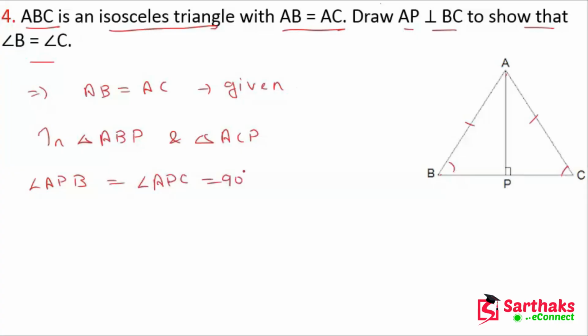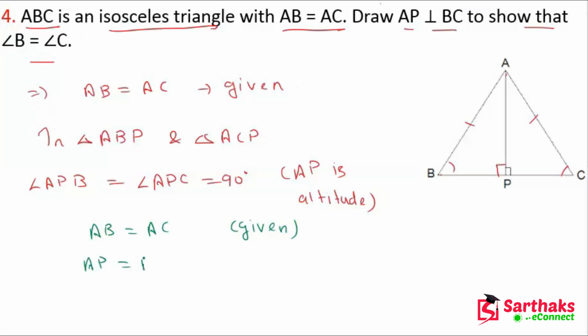They are 90 degrees according to this question, because AP is the altitude. And AB is equal to AC, this is given, and AP is equal to AP, this is common.